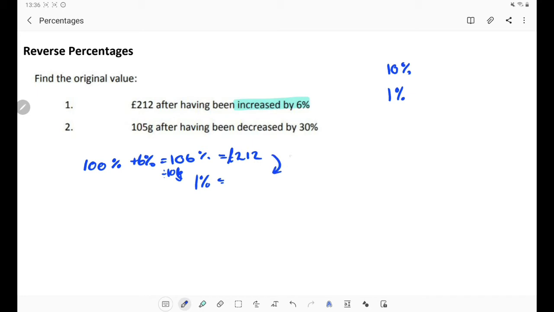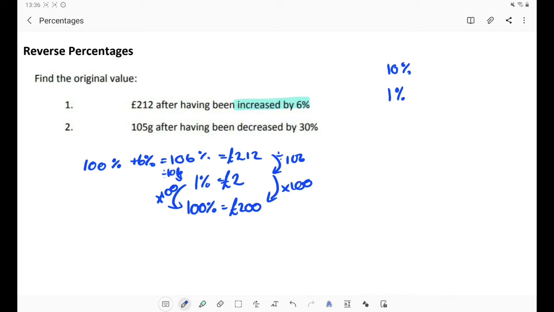But we can't just divide one side, this has to be equal. So you also divide the other side by 106 and you find that 1% is £2. How do you get 100%? Well, we've got 1%. You're going to multiply by 100. But again, you have to multiply both sides by 100, and that gives your answer of £200.